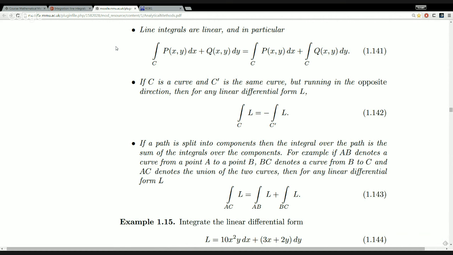We're going to label the origin A, and the point 1, 1 there is B. So we're going to do the integral along C of L. So it's the same L as before, as in example 1.14, where C is the curve formed by the two straight line segments.